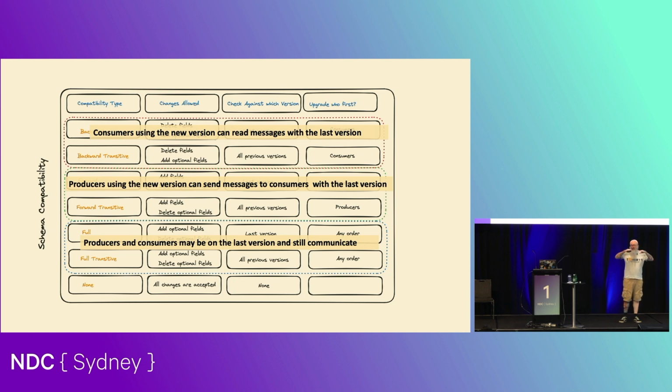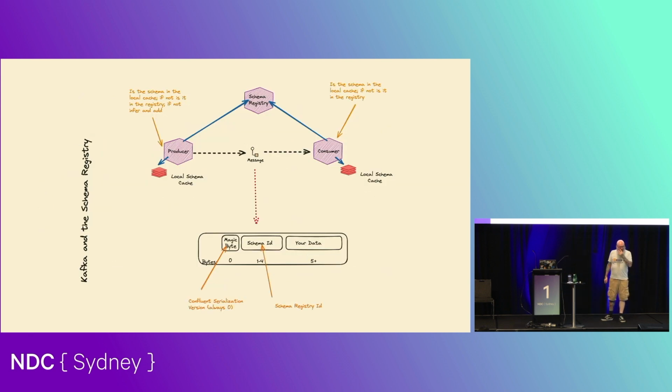So if 14 is current, either could be on 13, either the producer or the consumer, we can still communicate. And transitive basically means producers and consumers aren't breaking each other at all. Right? And you need to figure out what you need to set, and it determines the order of upgrades, etc.